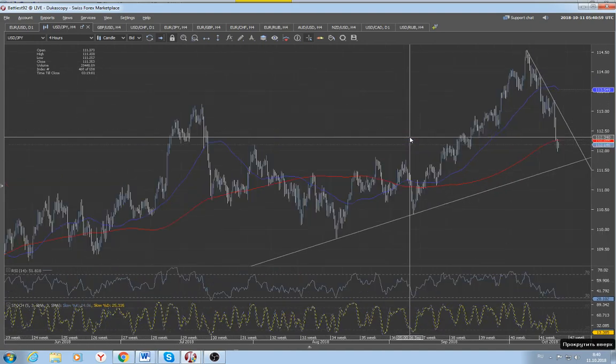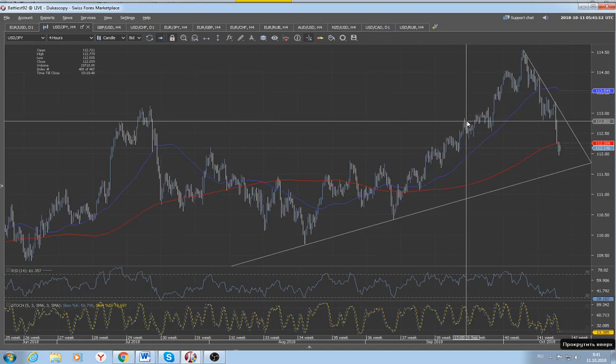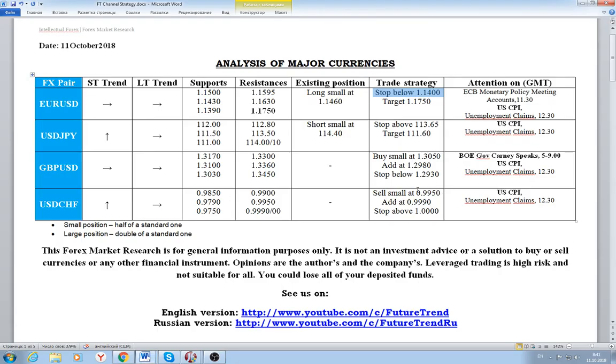This uptrend line lies around 111.5, so we prefer to close our position on a possible undershooting of the level of 111.60. Also, today we decided to improve our stop profit level. We tightened it to the level of 113.65.